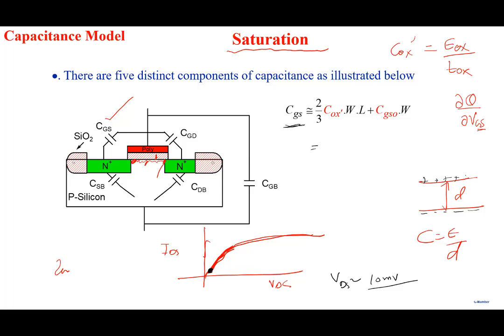So what you're saying is, if it's exactly like a parallel plate, you will say Cox prime W times L, right? Except that note there are two terminals, this terminal and this terminal, both. When the drain voltage is very small, drain and source are equivalent. So if I were to apply, let's say, a positive sinusoid, you are increasing the charge on the gate, right?